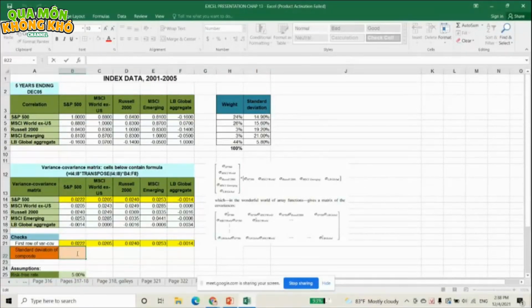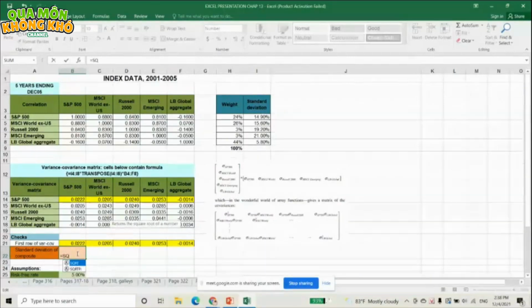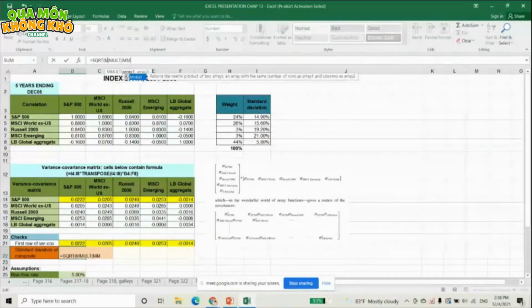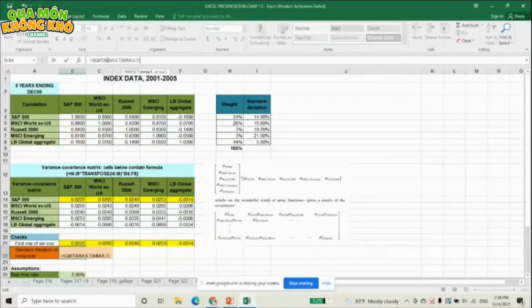The formula equals square root of MMULT. The first array is the transpose of weights here.